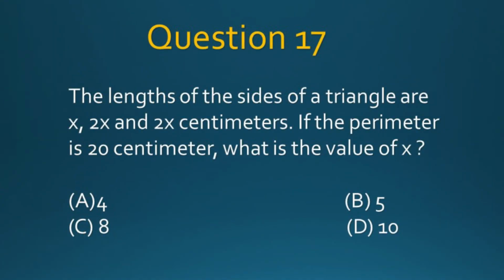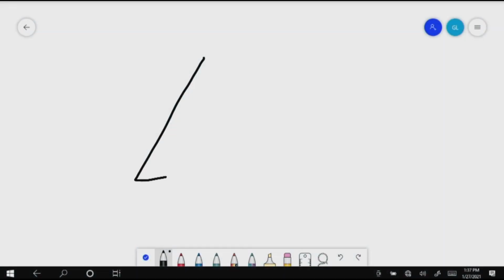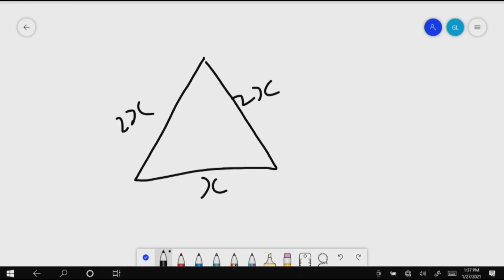The lengths of the sides of a triangle are x, 2x, and 2x centimeters. If the perimeter is 20 centimeters, what is the value of x? Interesting. If we were to represent this triangle, x, 2x, 2x, and they tell us that the perimeter is 20 cm.